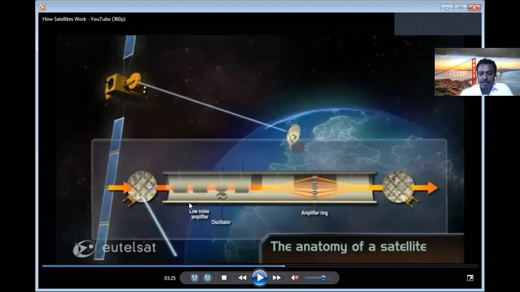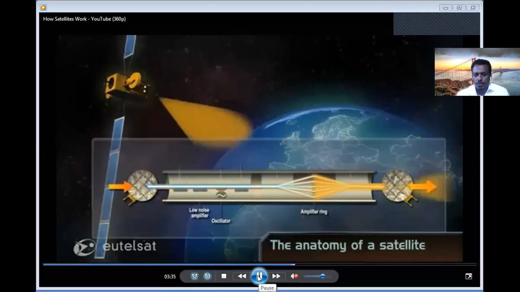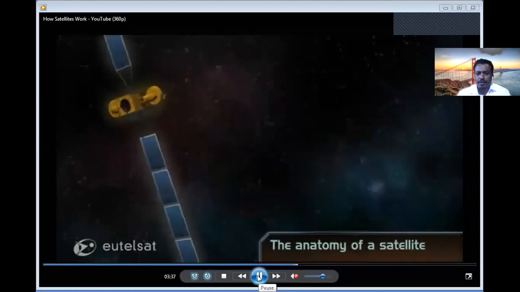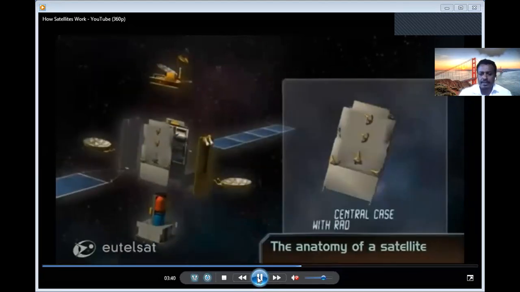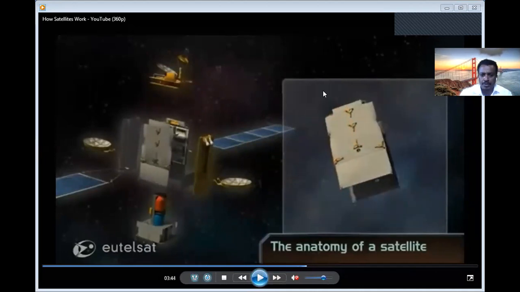Low noise amplifier. Okay. Then the local oscillator and mixer, which is used for frequency translation. We have different components interconnected together. This one block, we call a transponder. So the first device, low noise amplifier, then the mixer, then the amplifier, then it will be transmitted back to the earth. So this important device, which we find inside the space segment, is called a transponder.